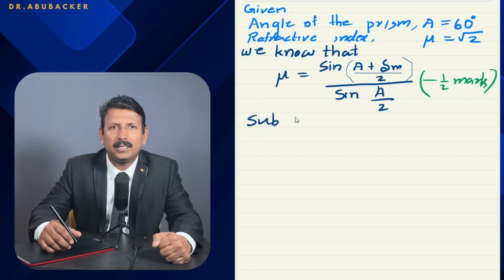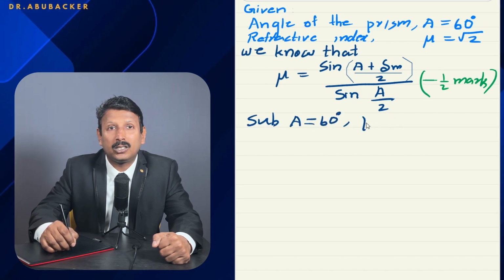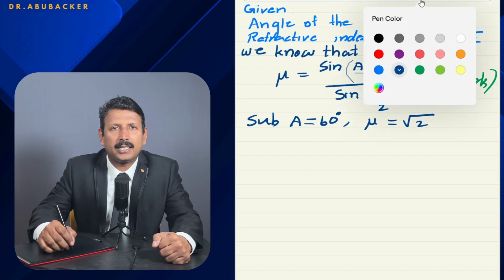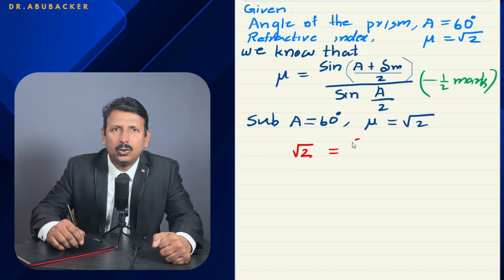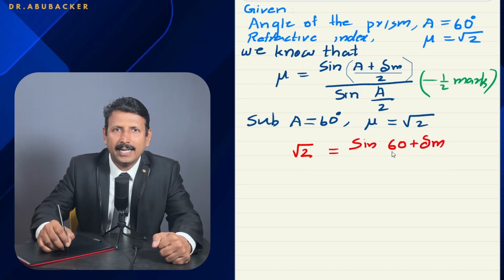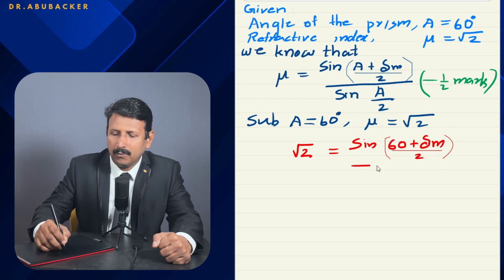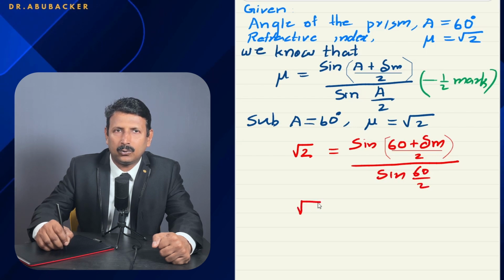Next what we do is, we start substituting. First we will substitute A is equal to 60 degrees, and second mu is equal to √2. So √2 is equal to sine (60 plus delta m) by 2, all divided by sine A by 2, that is 60 by 2.